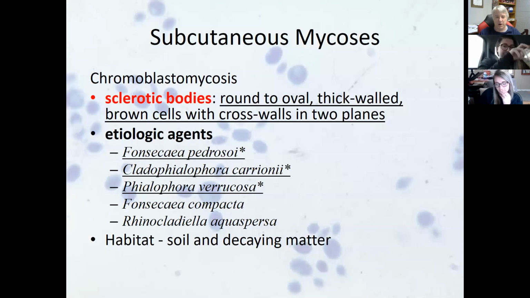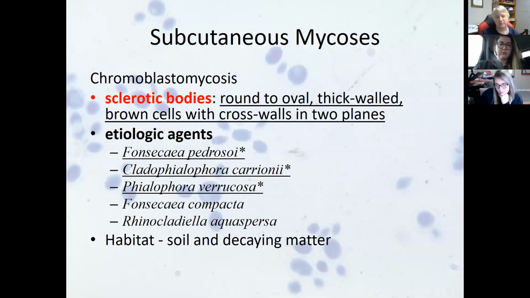There are sclerotic bodies, which is new for chromoblastomycosis: round, oval, thick-walled brown cells with cross walls in two planes. The etiological agents that you're supposedly reviewing, right? Reviewing for your lab exam next week.